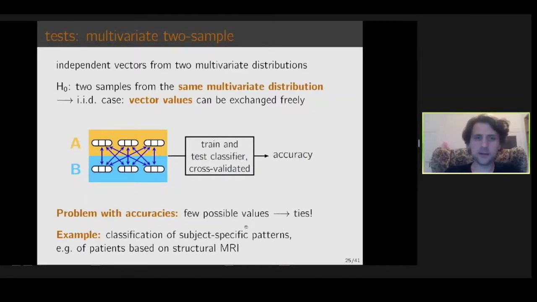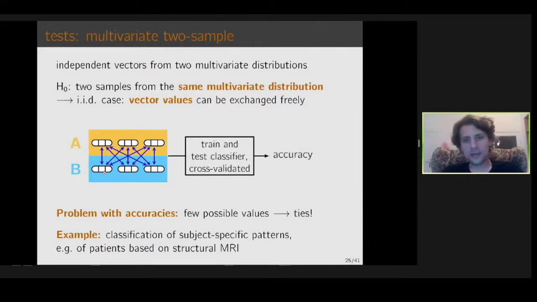An example for this would be the classification of subject-specific patterns. For example, when comparing healthy controls with a patient cohort using structural MRI. And the individual entries of vectors would correspond to the structural MRI features, such as voxels or brain regions. Keep in mind that the entire vector is being exchanged between groups and not just individual or single values of this vector.